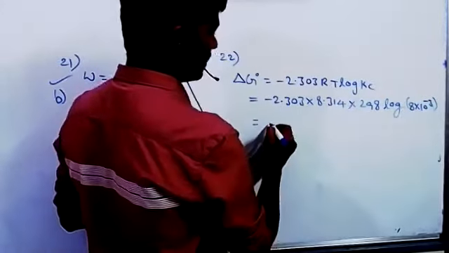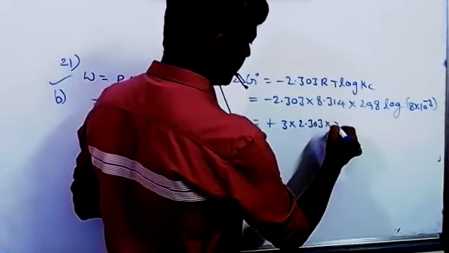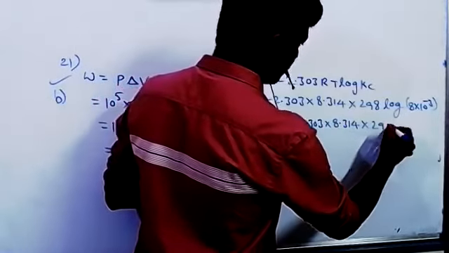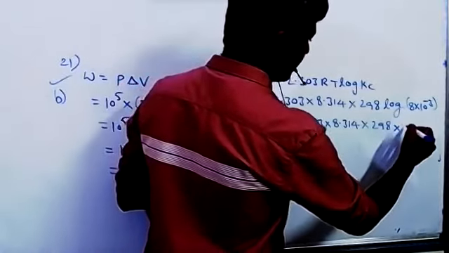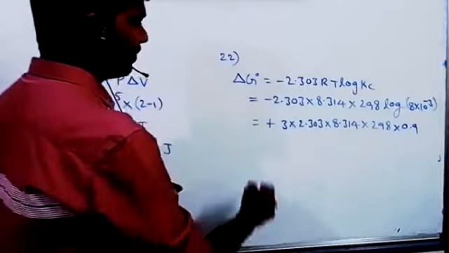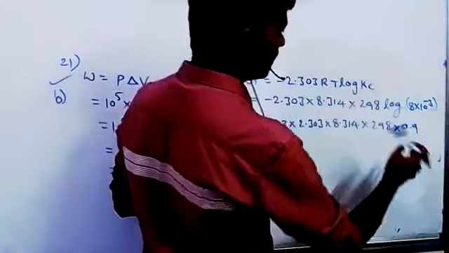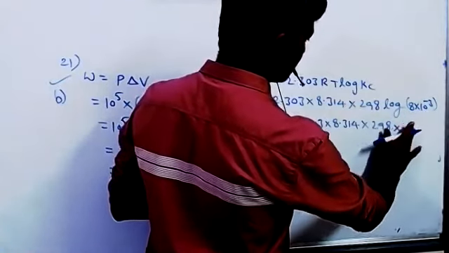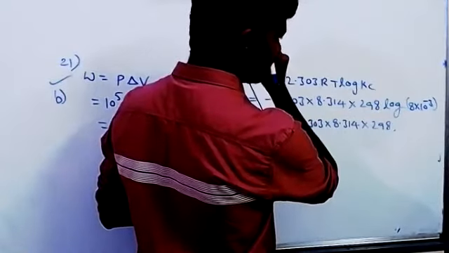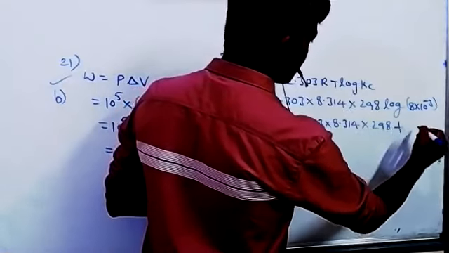So here minus, and plus 3 comes, 2.303 into 8.314 into 298 into log 8, whose value is 0.9. Multiply this value. Wait. Log 8 into 10 power minus 3, and this is one value. And plus comes here actually.